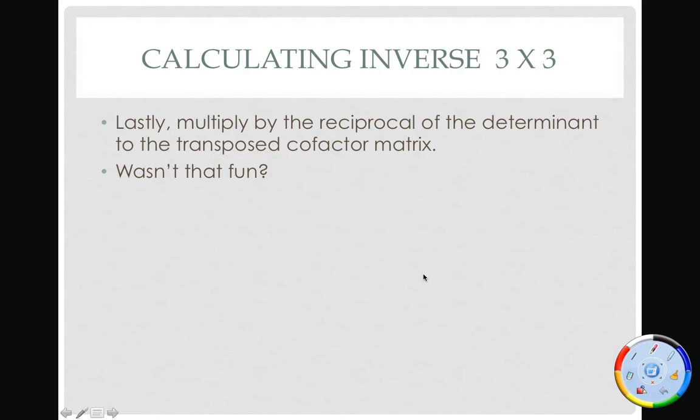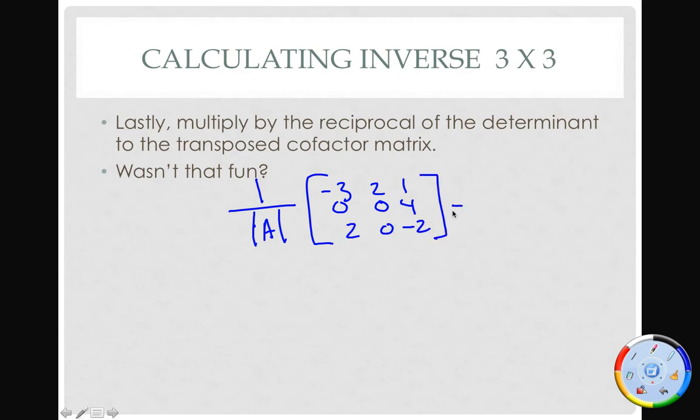So you find the determinant of A. 1 divided by the determinant times that -3, 2, 1, 0, 0, 4, 2, 0, -2. And that is going to equal A inverse.